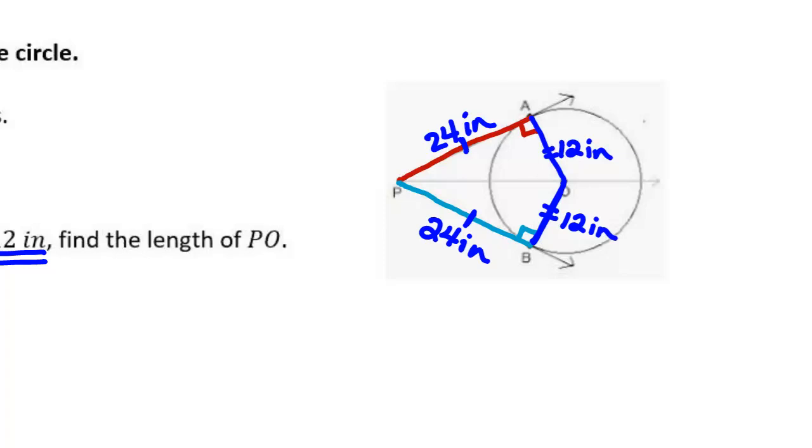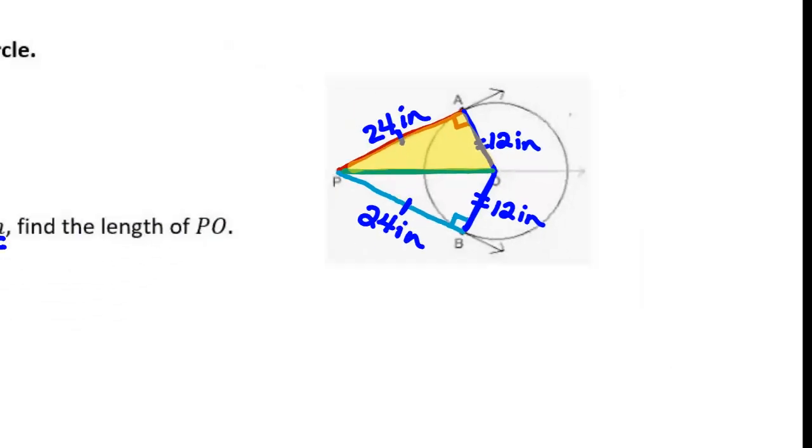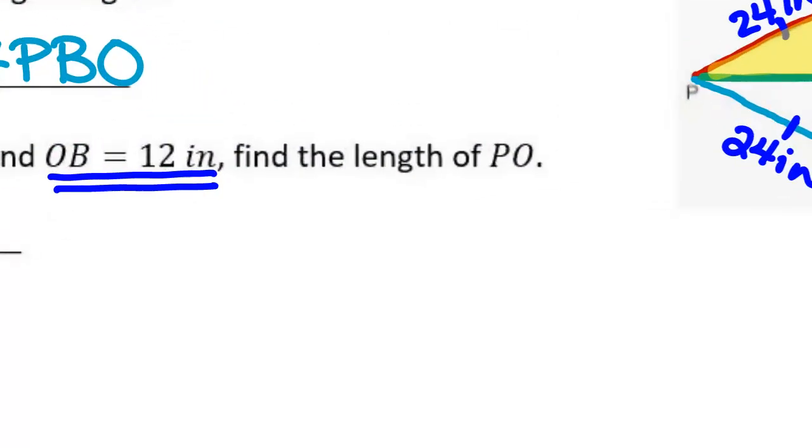They want us to find PO, this right here. Well, look what we just made here. A right triangle. What can I use to find missing parts of right triangles? Pythagorean theorem. A squared plus B squared equals C squared.